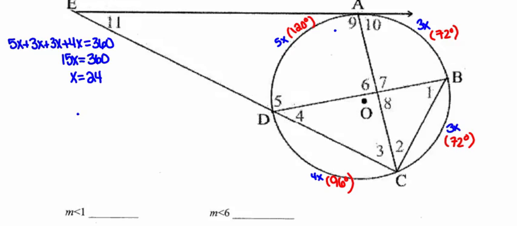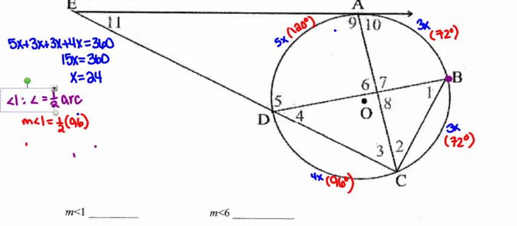And now I'm going to start my work. So for the measure of angle 1, note the location of the vertex. It's on the circle. Its degree measure is going to be equal to half of its arc. So the degree measure of angle 1 is going to be half of 96.